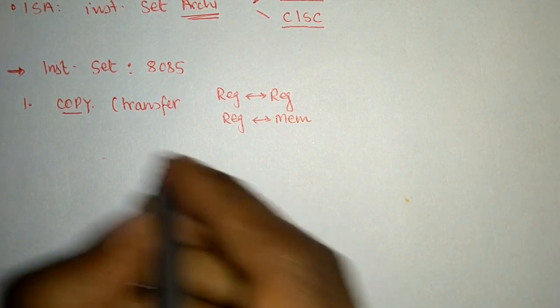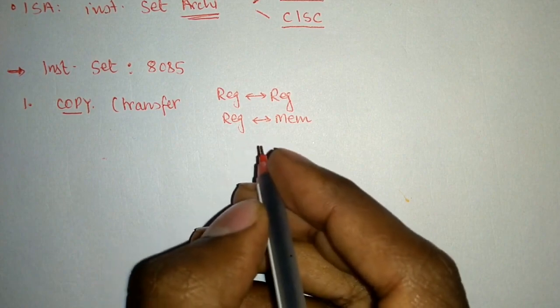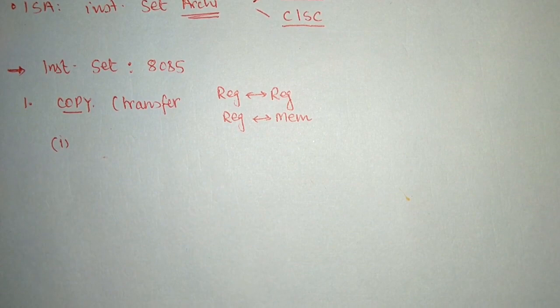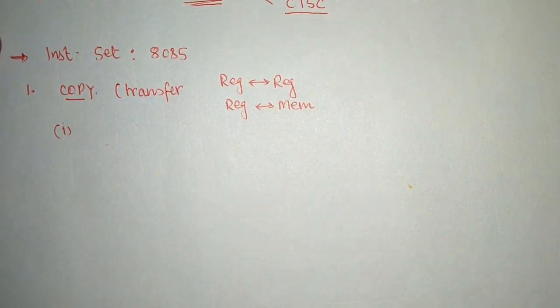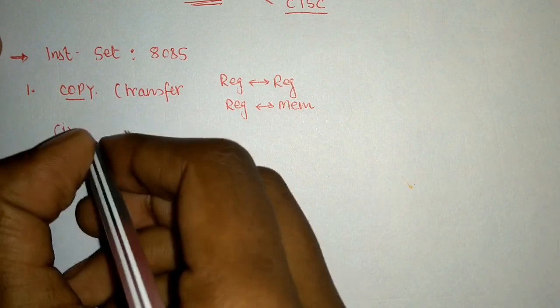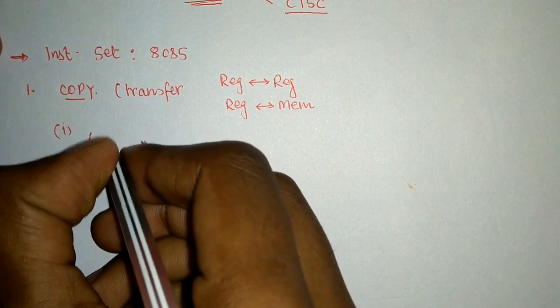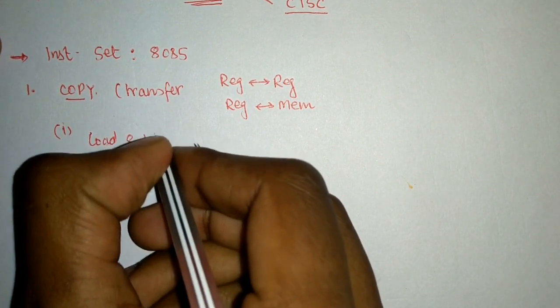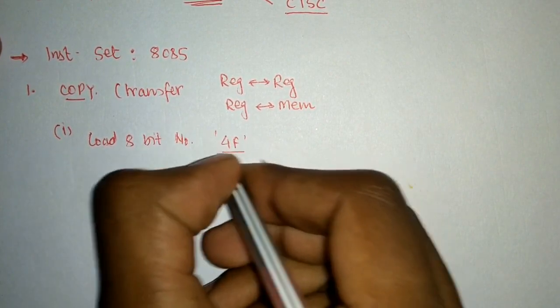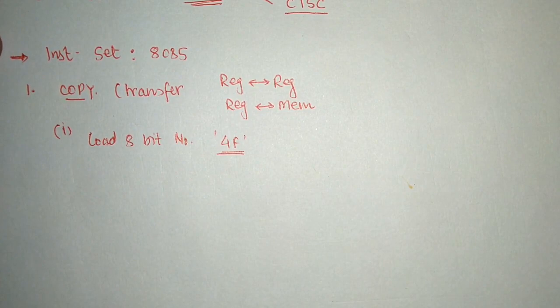Now if I want to have certain examples here, let's say I want to add some value to our register, because only then can we carry out the operations. So let's say I want to load an 8-bit number, let's say 4F, into register B. It is in hexadecimal; whenever I write anything, it will be in hexadecimal.